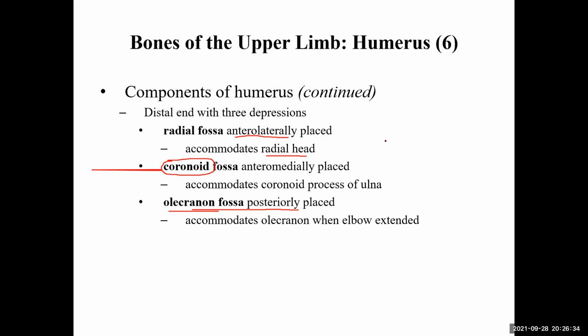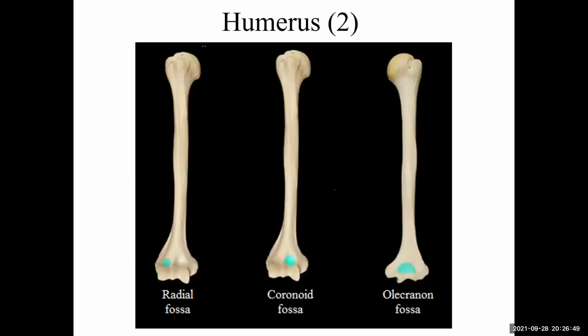Okay, so just another reminder, spelling is crucial. So the coronoid fossa is going to accommodate the coronoid process of the ulna. When we start doing labeling, I'll review all that.